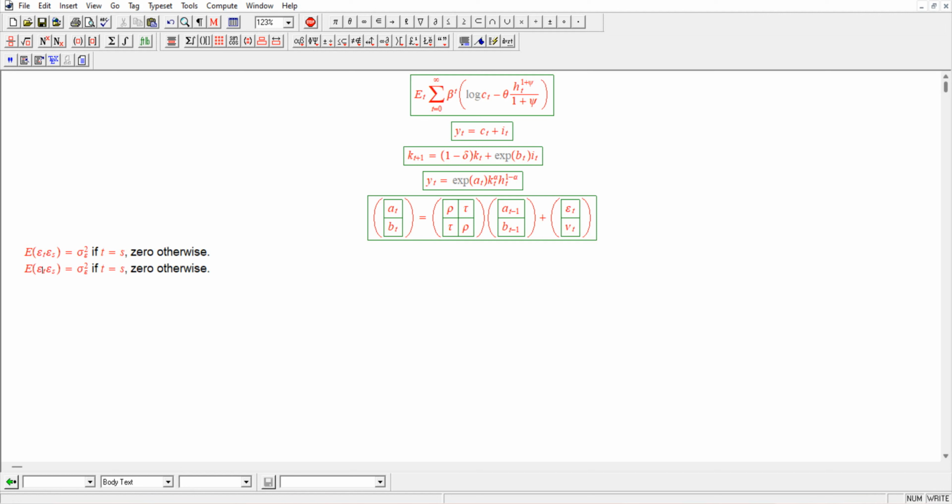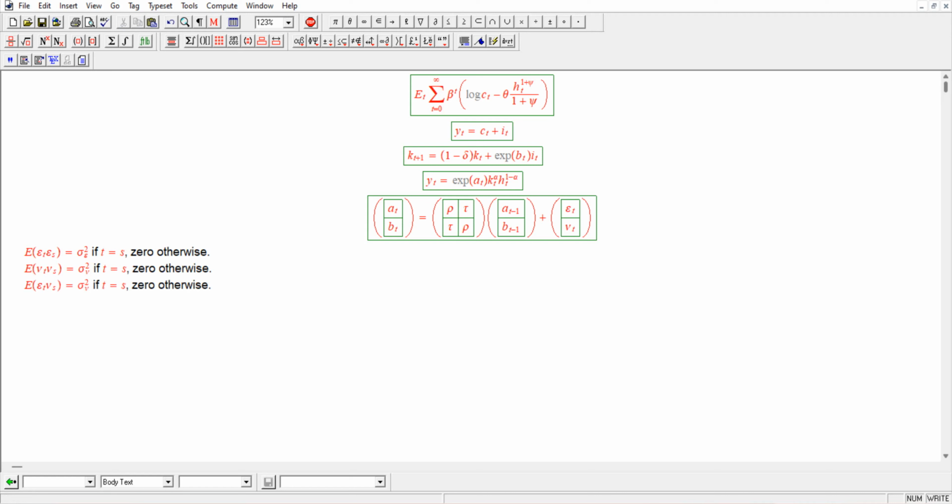We're going to make the same assumption for nu, except that the value here may be different. Okay, correction. And finally, we're going to allow for some correlation between these shocks.